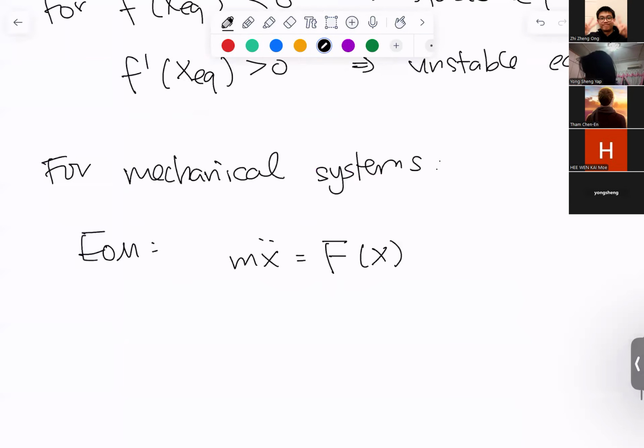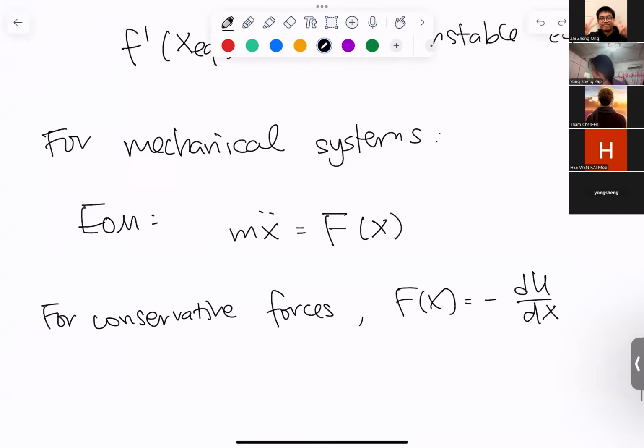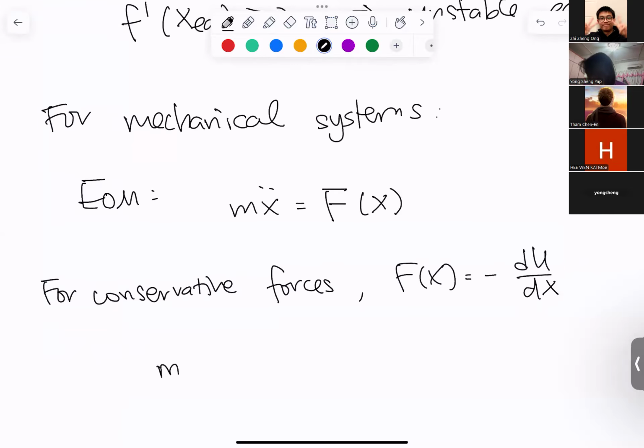Okay, and if it's conservative, so for conservative forces, you can always write it in terms of the negative of a potential. So this must be negative du over dx.